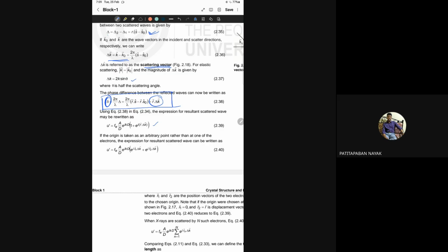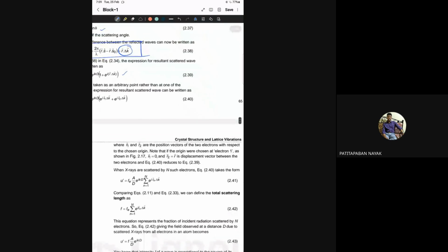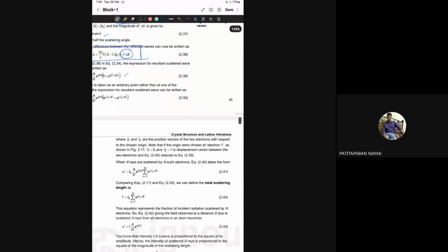Here, the origin is taken as an arbitrary point rather than one of the electrons. All right. So for a collective result, we have to add all factors which are like this kind of factors. So that is what has been done.